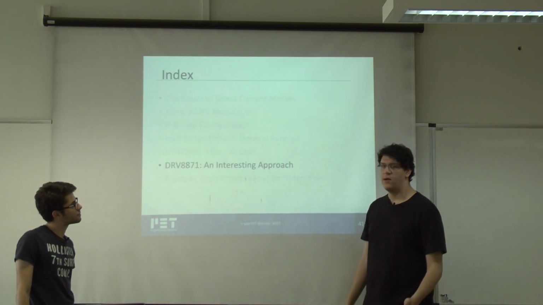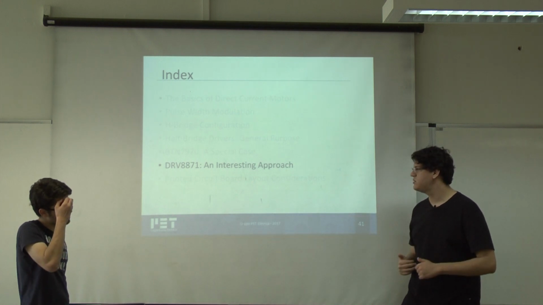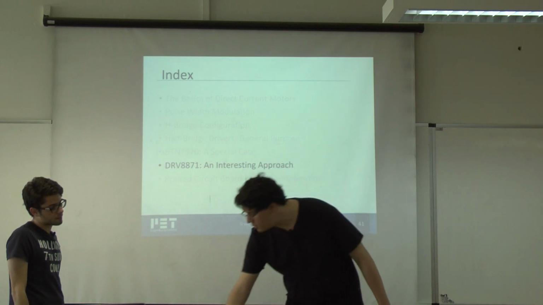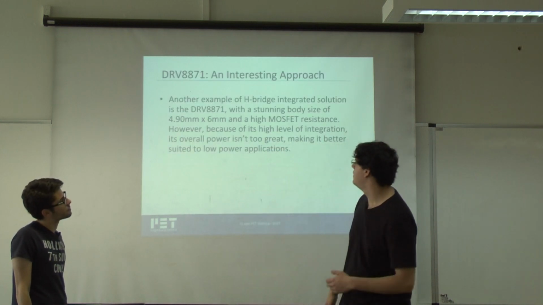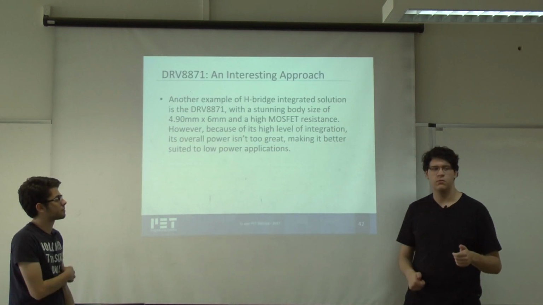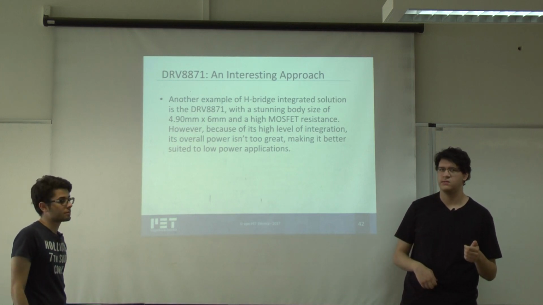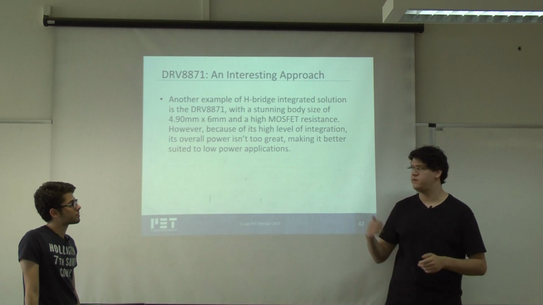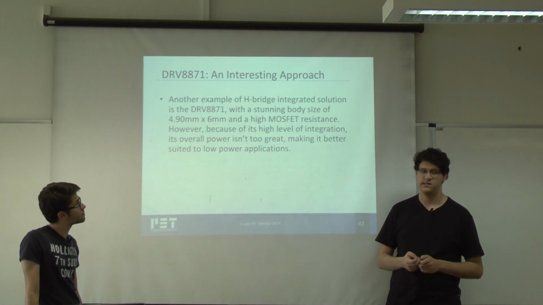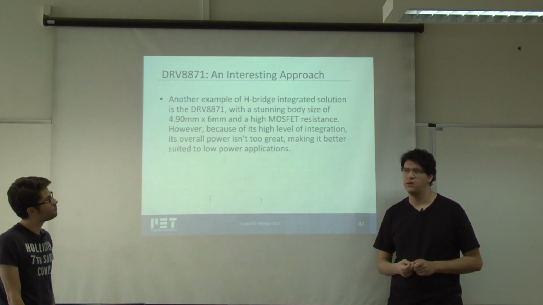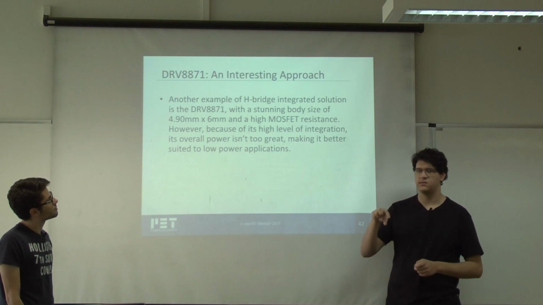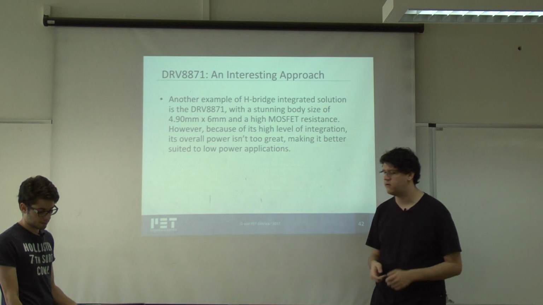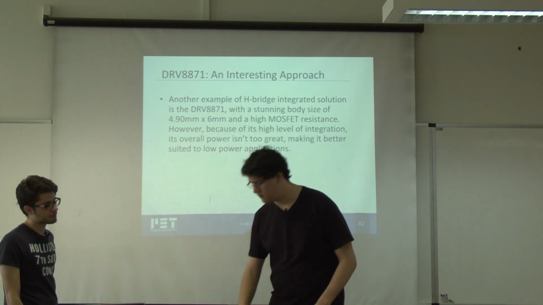And we can be talking as well about low power applications with the DRV8871, which is a full bridge circuit. And it's really small. The University of São Paulo robotics team made a driver with this IC, and their driver had like 20 millimeters of width and 24 millimeters of length.